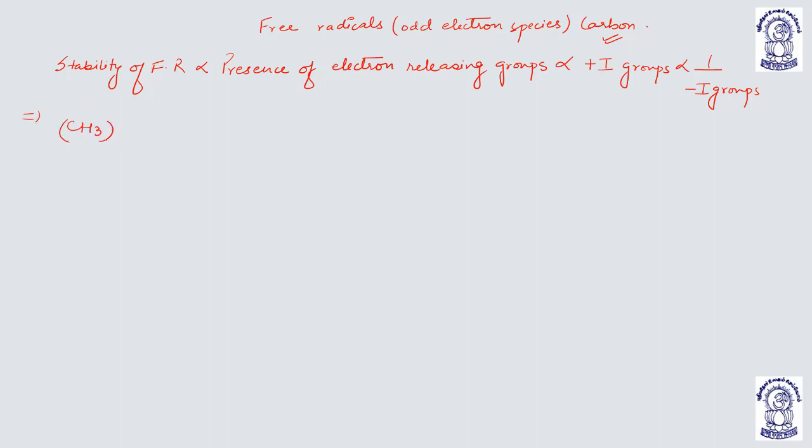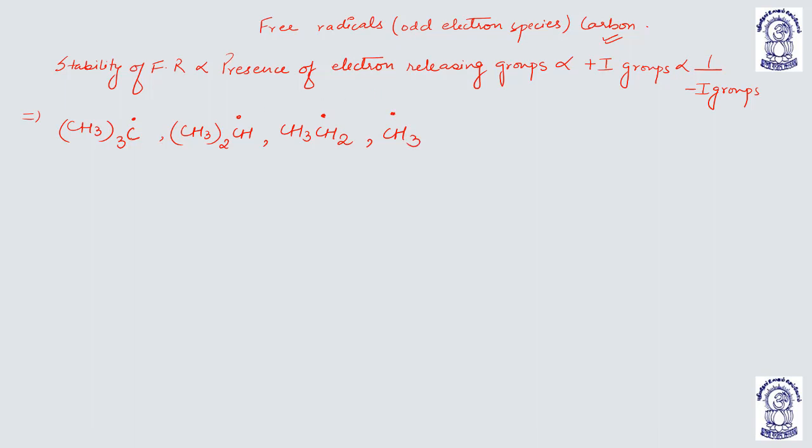When we talk about the tertiary free radical, secondary free radical, primary free radical, and methyl free radical, which is more stable?